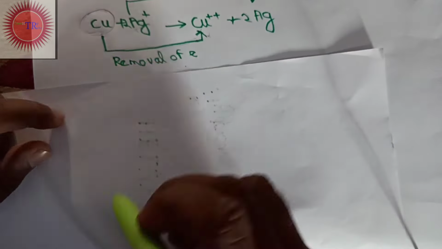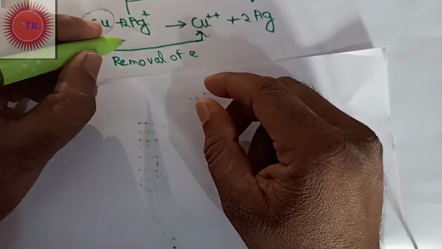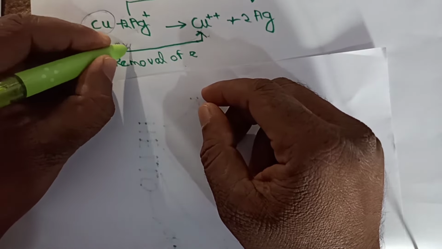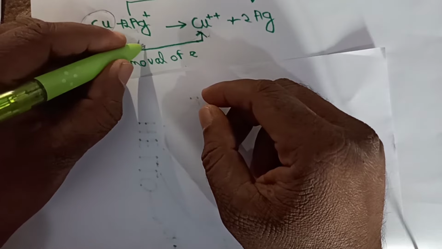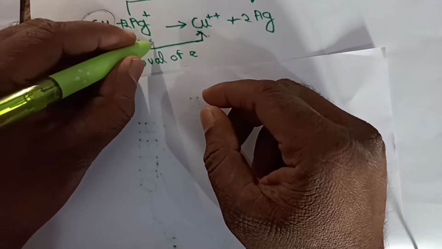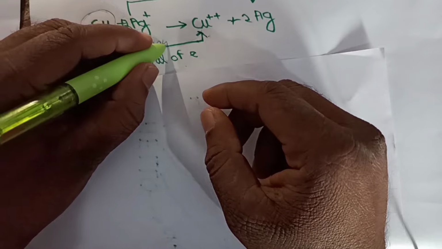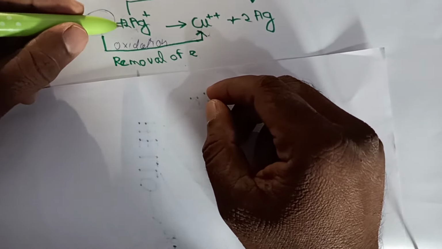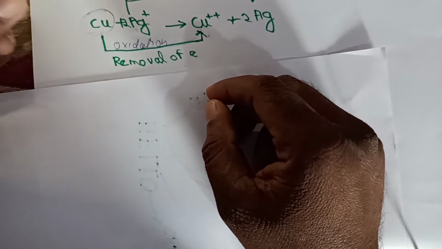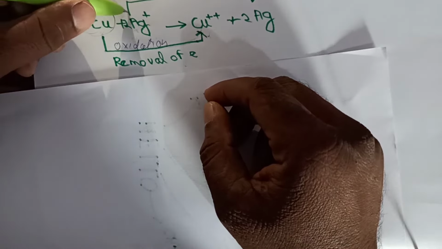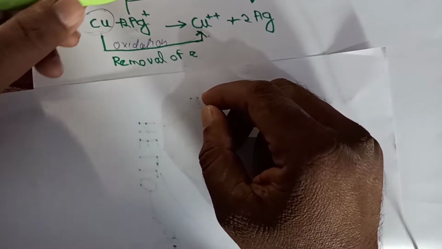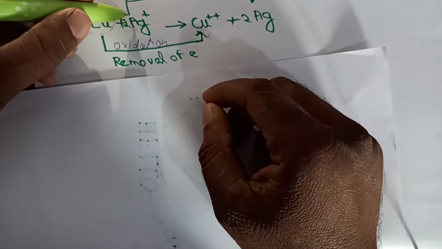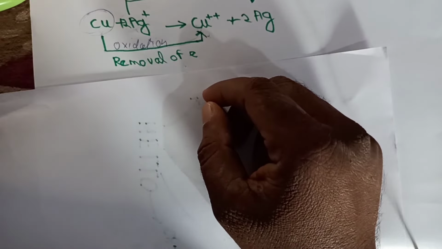This is the oxidation, and it is done by Ag. So Ag is the oxidizing agent. Now Ag gained electron, so this is the reduction.